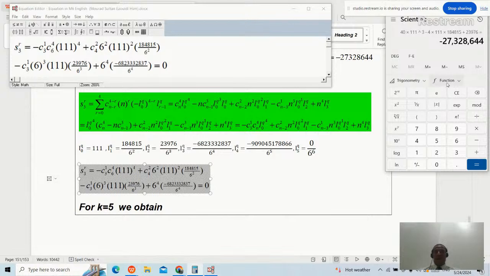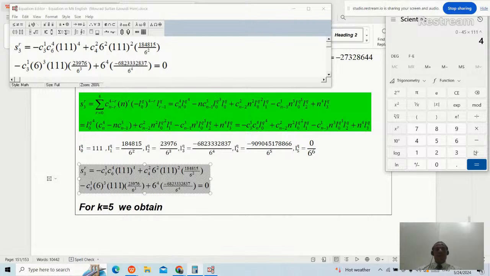So you can see that I will just start from the beginning. We have negative 3 choose 1 times 6 choose 4. It will be negative 45 because 3 times 15 is negative 45, times 111 raised to the power 4.